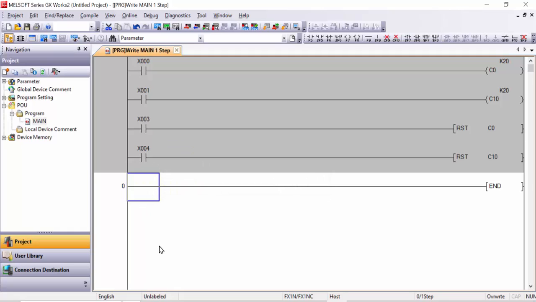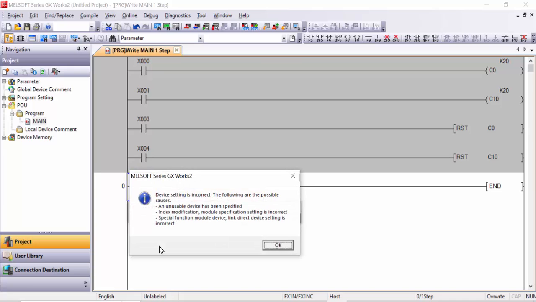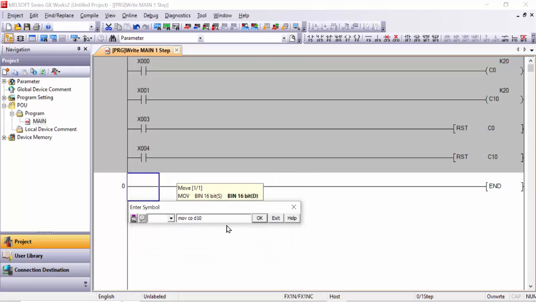and in next row we will choose the move command, MOV. Move right, and next C0 into any D10 data register. Sorry, we wrote something wrong.